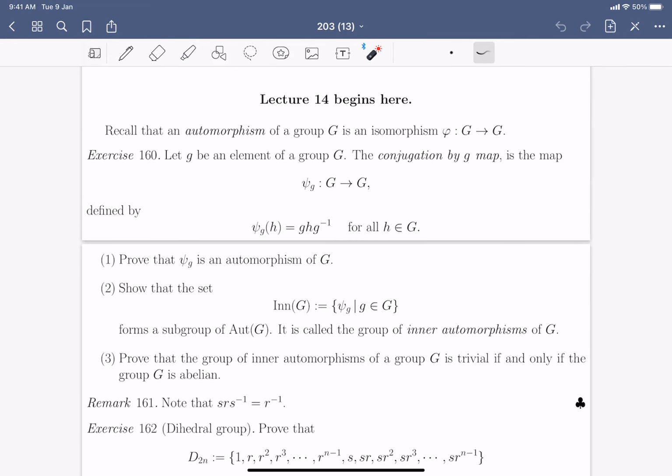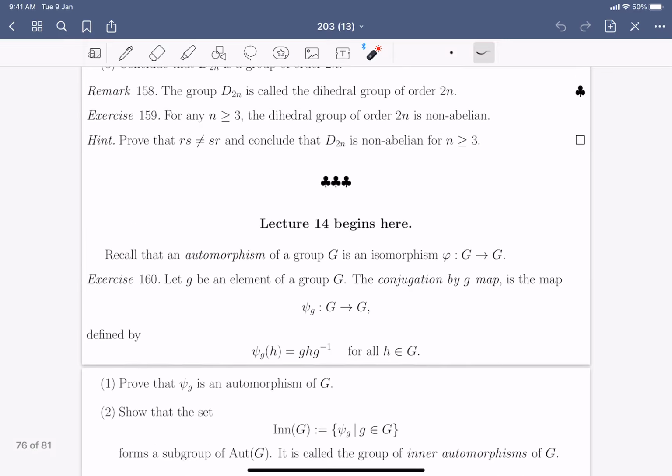Let's recall that we have already learned this notion of an automorphism of a group. An automorphism of a group is by definition an isomorphism phi from G to G. Let me recall the general definition.